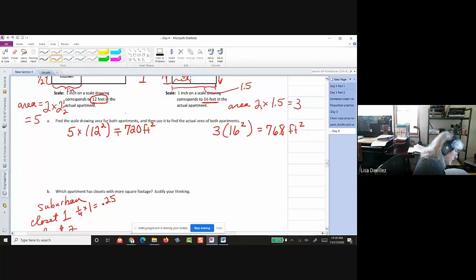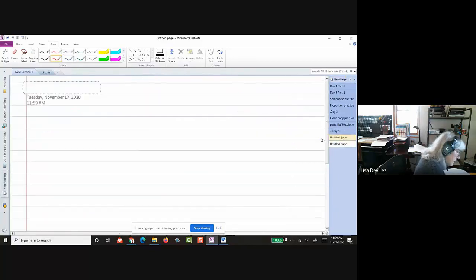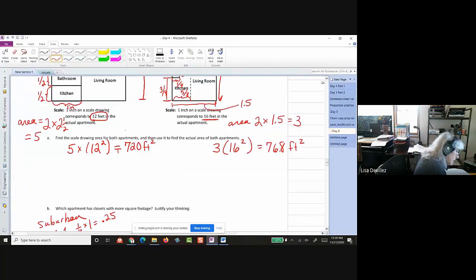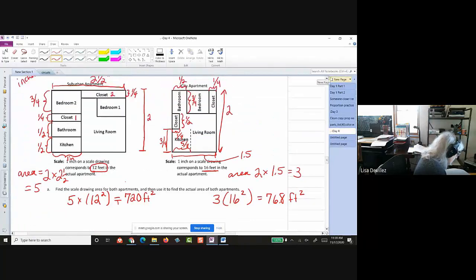And then the second closet, whoops, I just clicked the wrong thing. Go back. The second closet is going to be a 1/4 inch by, okay, so this whole thing is 2.5, and then to here is 1. So that closet has to be 1.5.